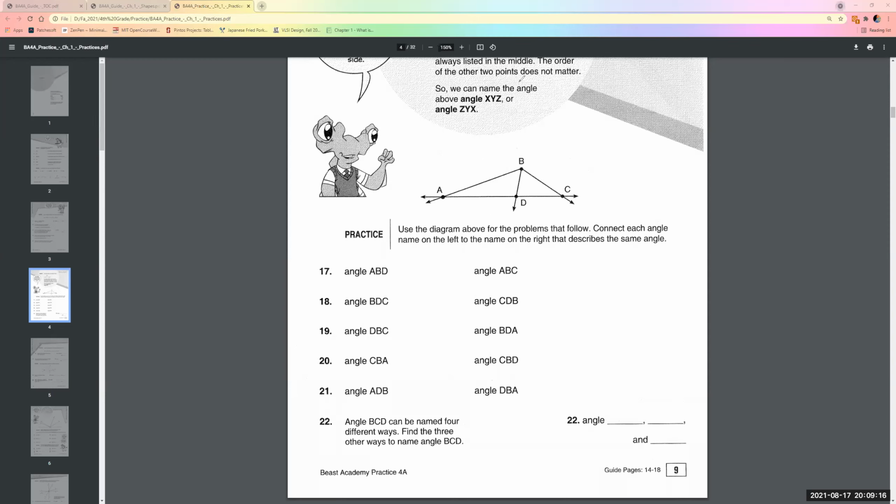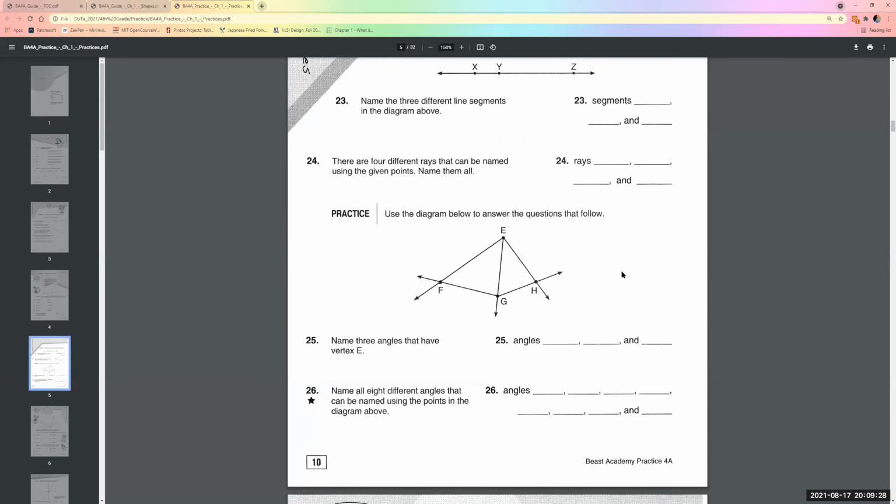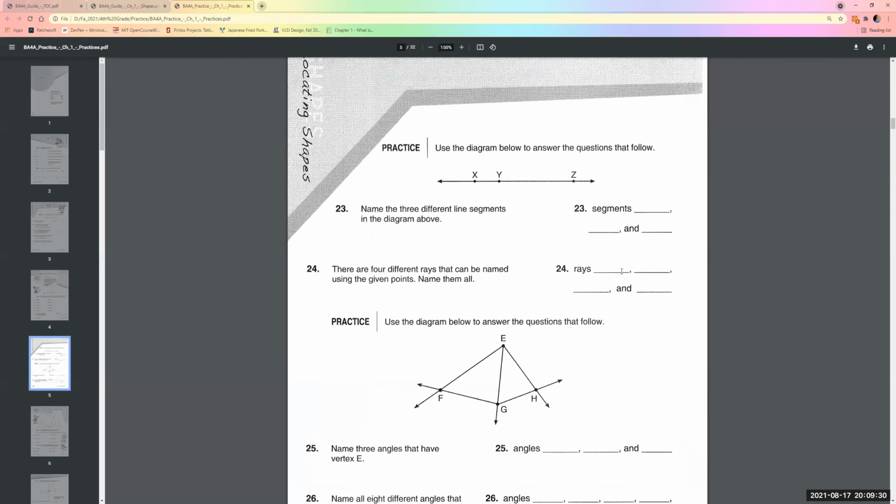Sounds good. I think this will be the last page for this short section, if I remember correctly. 23, 24, 25, and 26.